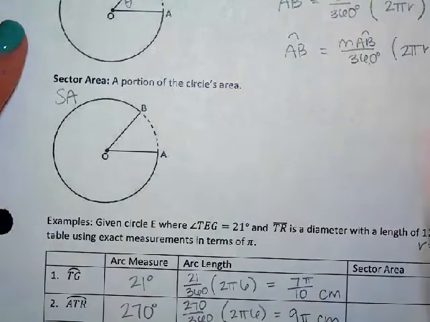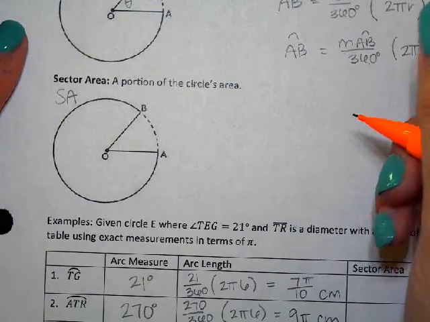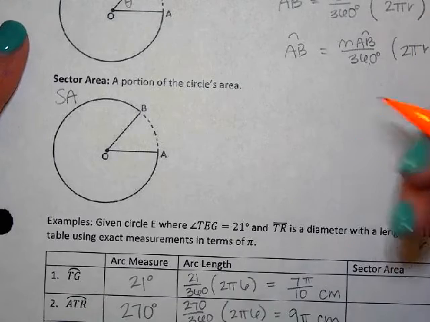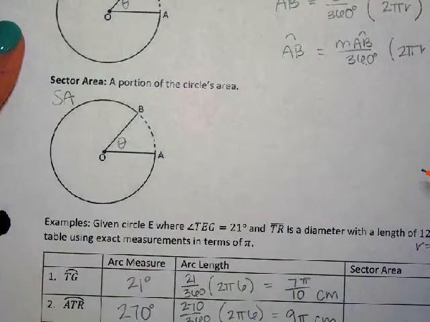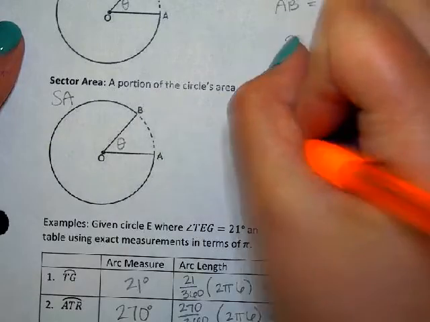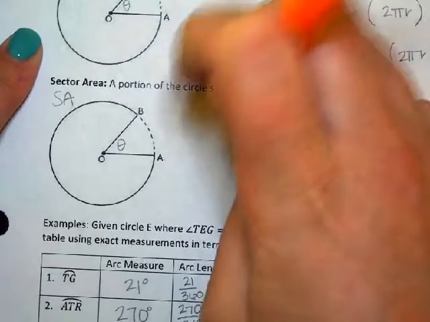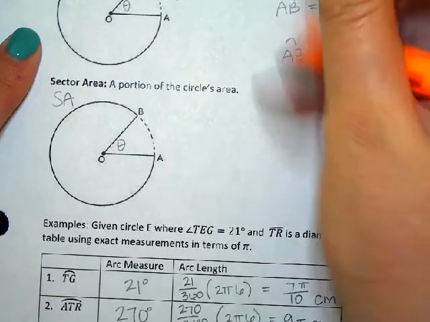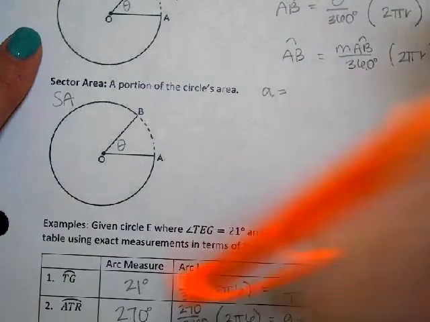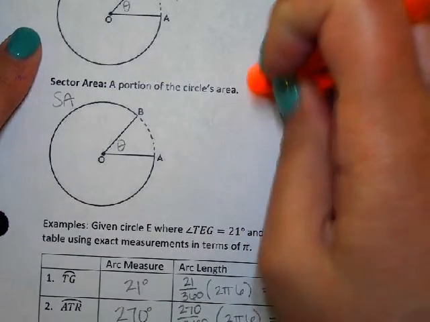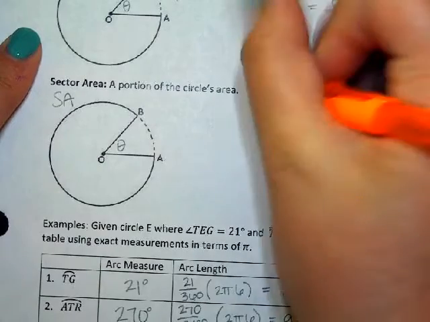And when I Googled it before class, I could not find it quickly. So we're going to say, there's the angle. So if I want the sector area, actually, let's back up for a second. Somebody remind me, what's the formula for the area of a circle? Pi r squared. The area of a circle is pi r squared.